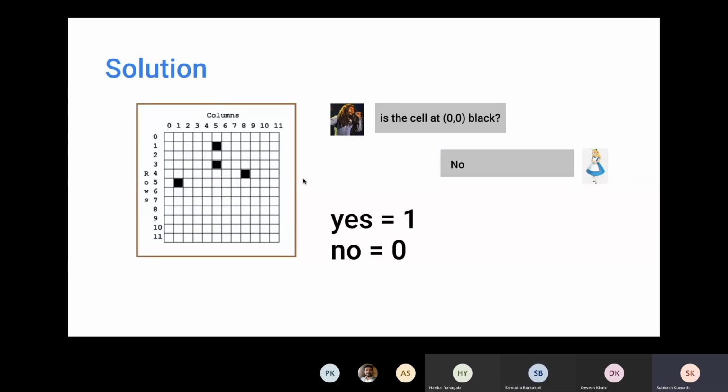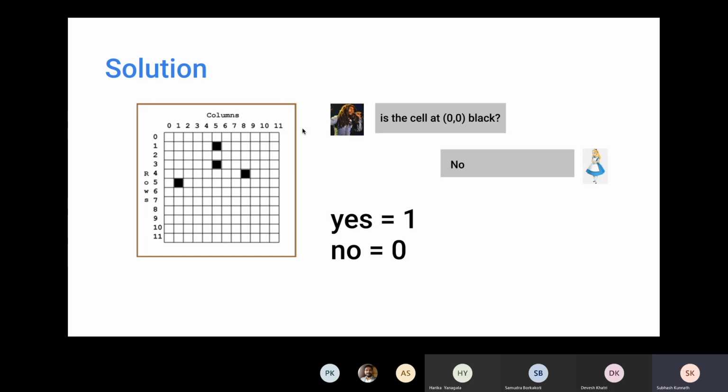Consider that this image is drawn on a graph paper. On the graph paper, there are n number of cells arranged as rows and columns, and each cell can be 0 or 1. So Bob can ask, is the cell at 0,0 black?